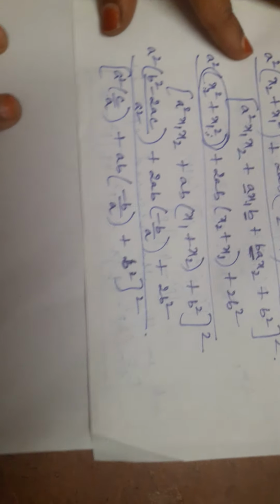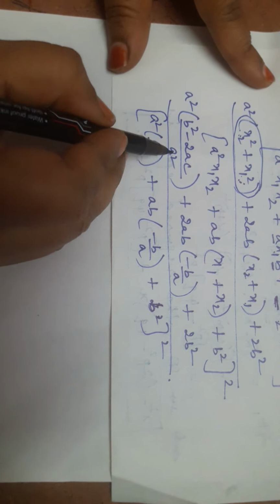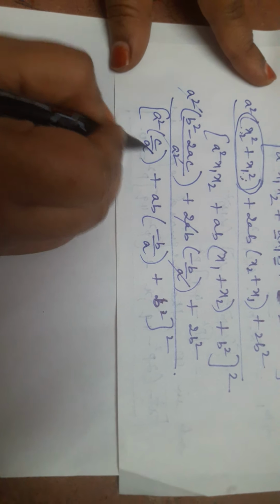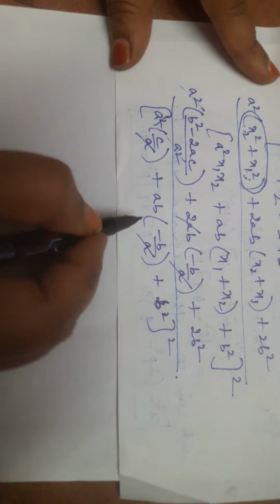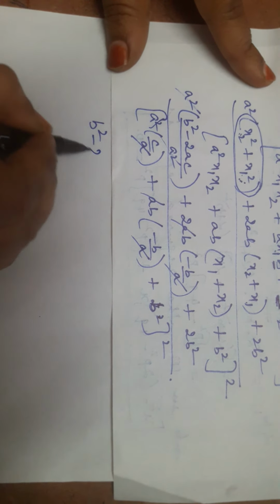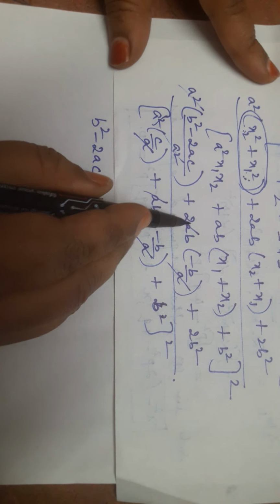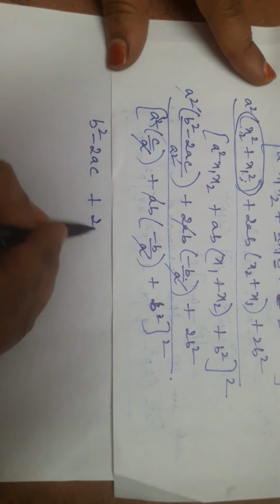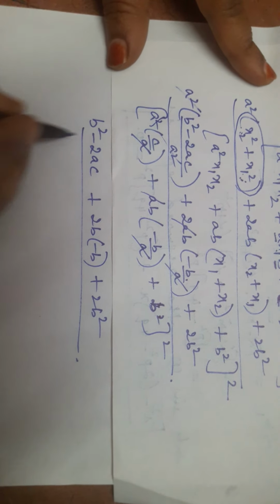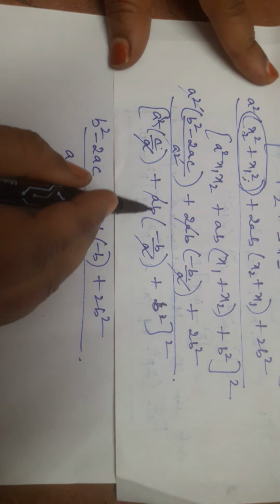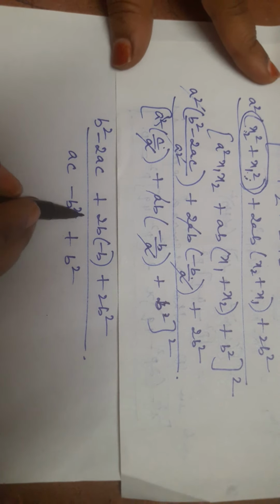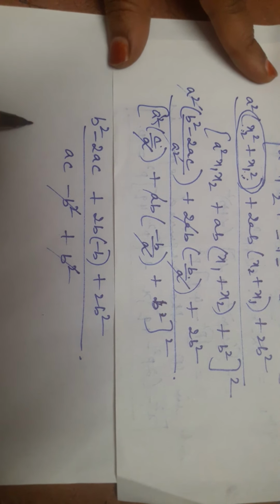Okay, now here a square gets cancelled, here a gets cancelled, here a and 1a get cancelled, here a gets cancelled. So here we are left with b square minus 2ac plus 2b into minus b, plus 2b square by, here a into c, ac, b into minus b square plus b square. So here minus b square plus b square gets cancelled.